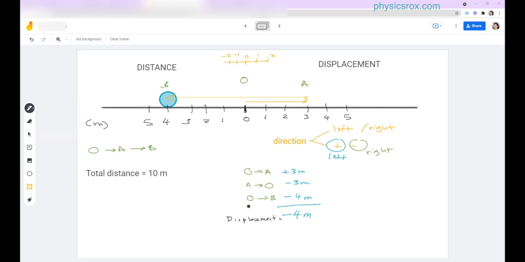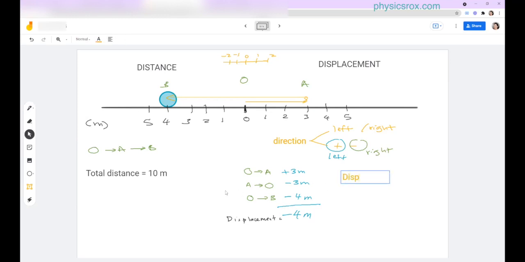So the numbers for displacement and distance are not always the same. I showed you the long way to show you why. But the faster way to count displacement is this: you just take the starting point and the ending point, and then you straight away get the value from there.